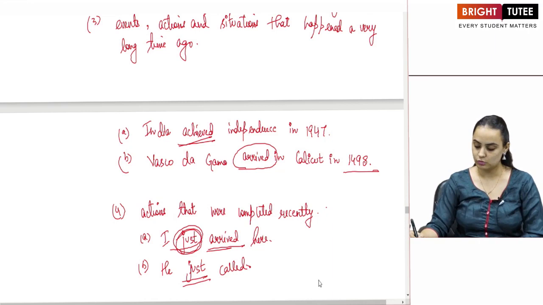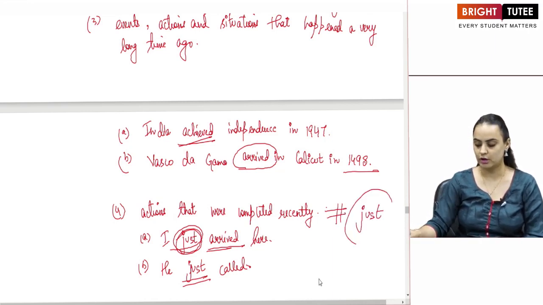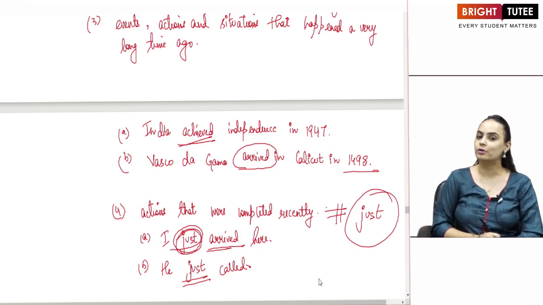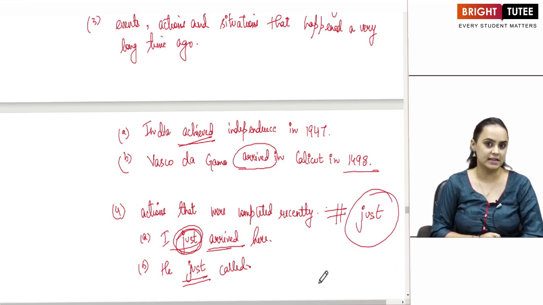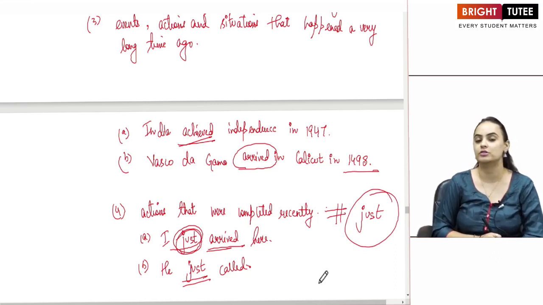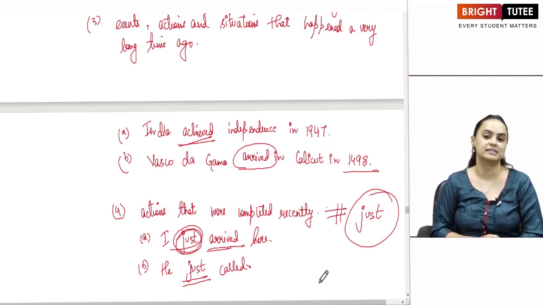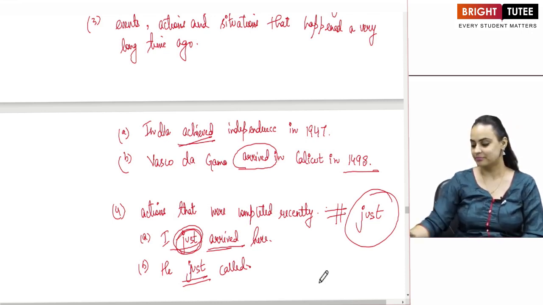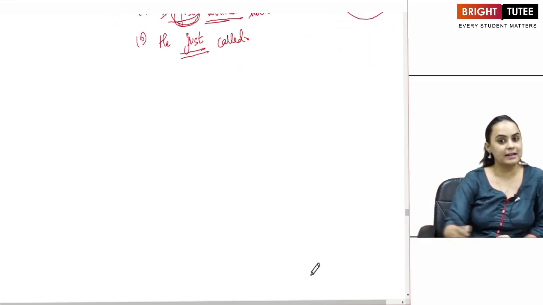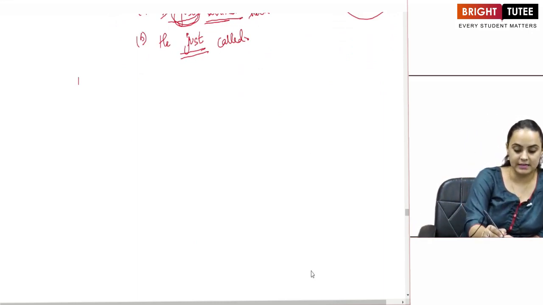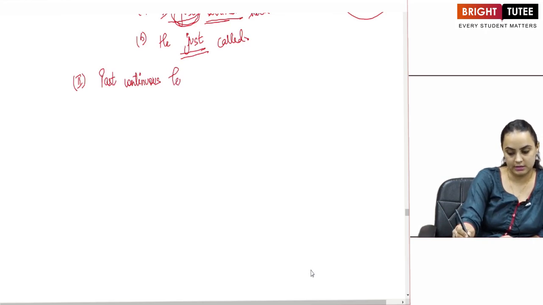And for this, it is important to use the adverb just. So if you come across the adverb just in a sentence, you can be sure that you have to use the simple past tense. The second subcategory of the past tense is the past continuous tense.